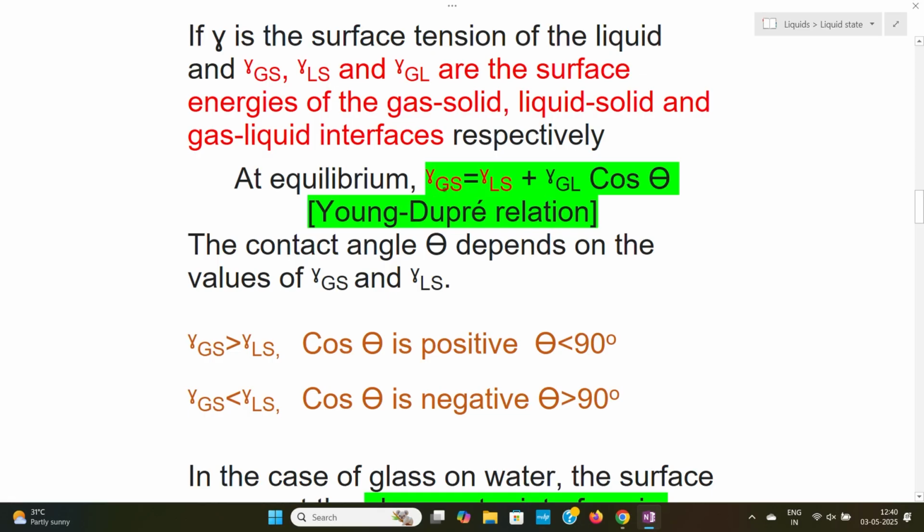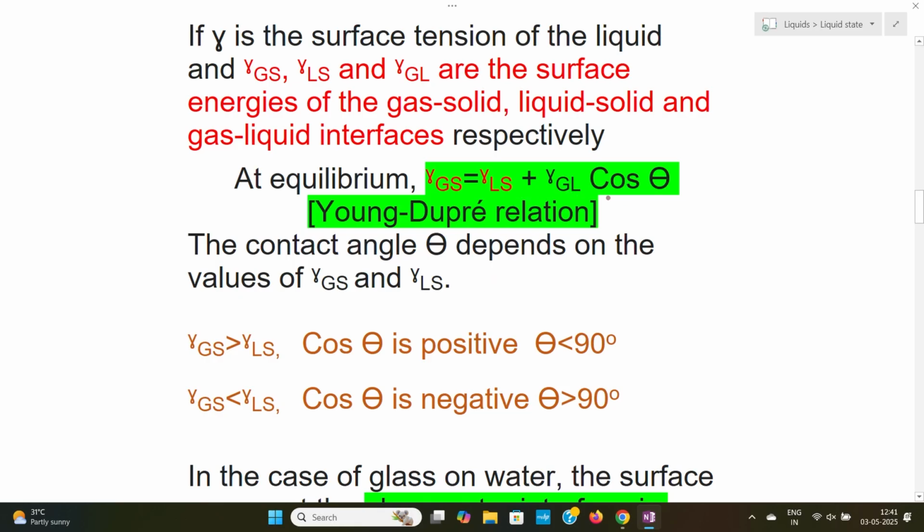Here gamma is the surface energy: gamma Gs is the surface energy of the gas-solid interface, gamma Ls is the surface energy of the liquid-solid interface, and gamma GL is the surface energy of the gas-liquid interface.